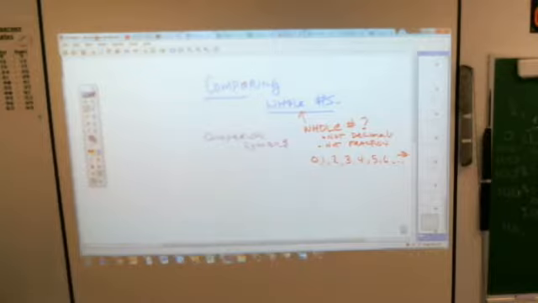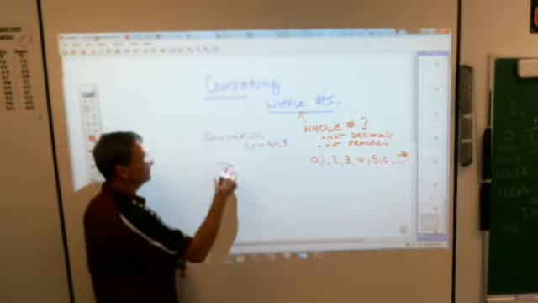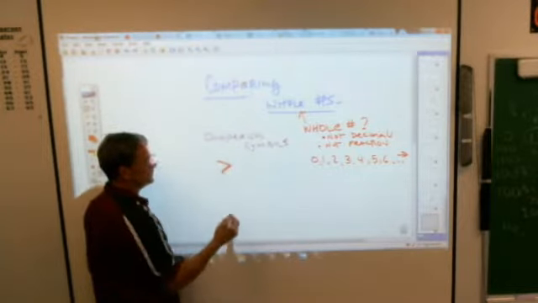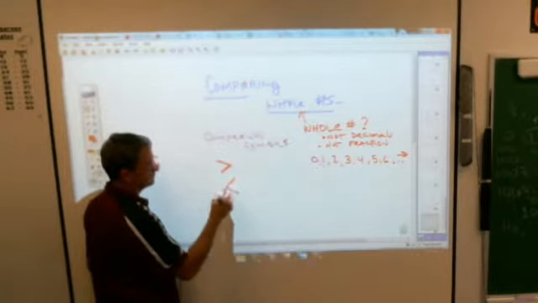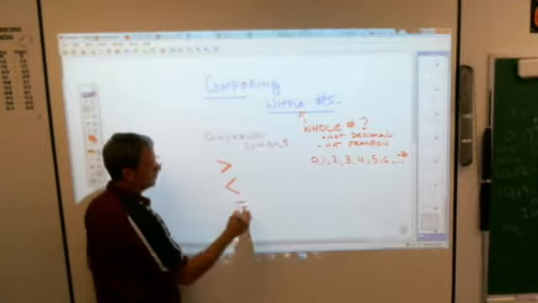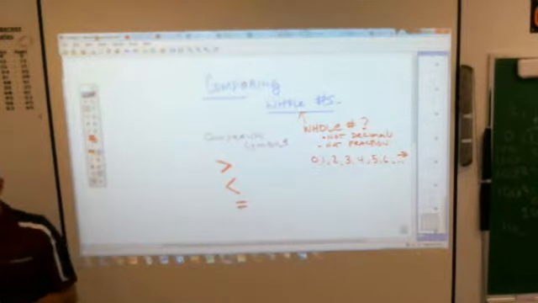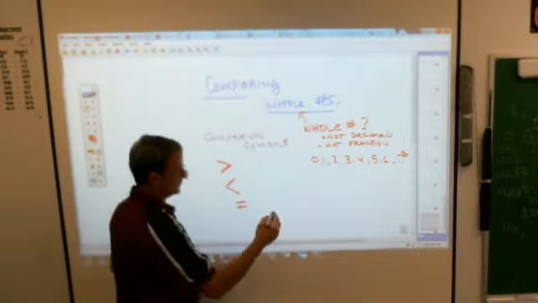There's more than this, but the ones you need to know are this one, the little V, then this one that goes this way, then this little sign here. When you compare two numbers, you only have 3 choices, and the book will make it look like this.